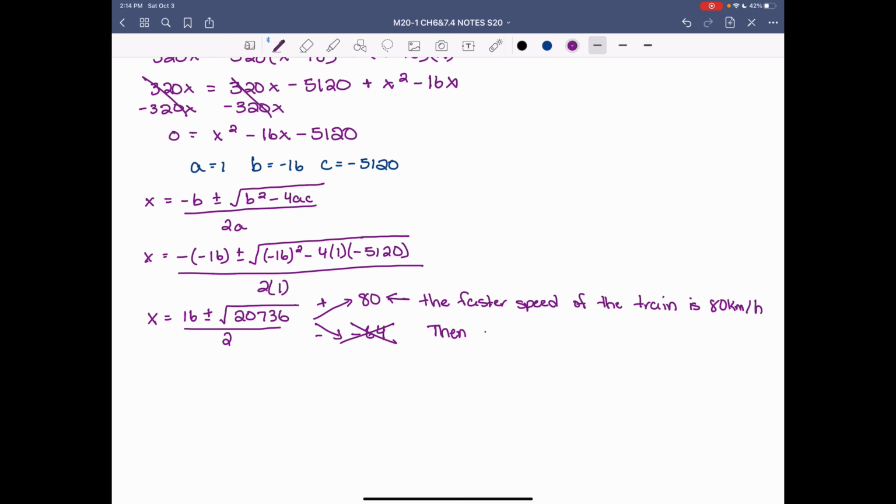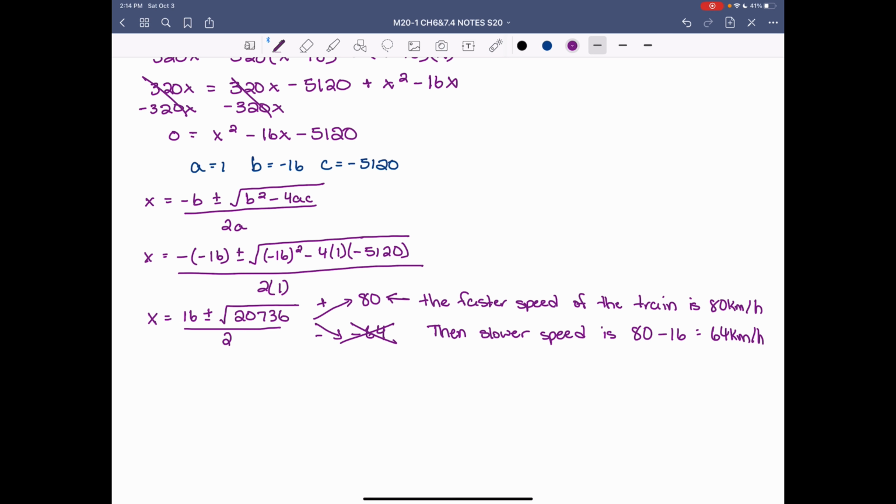Then the slower speed is 80 minus 16, because it was x minus 16, which equals 64 kilometers per hour.